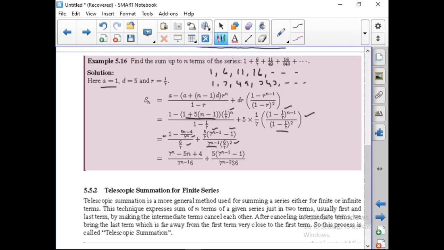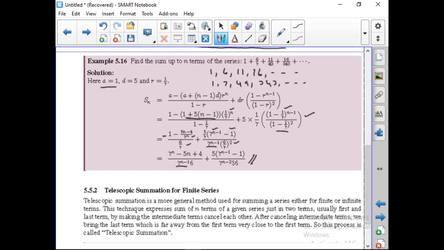So, 7 power n minus 5n minus of minus 4 plus 4 by 7 power n is taken to the denominator. And here we have 6 by 7, 7 power 1. So, 7 power n and 7 power 7 becomes 7 power n minus 1 into 6. Similarly, here also it is simplified. Okay. So, that gives you the answer.